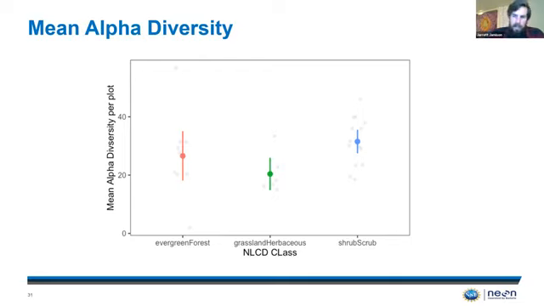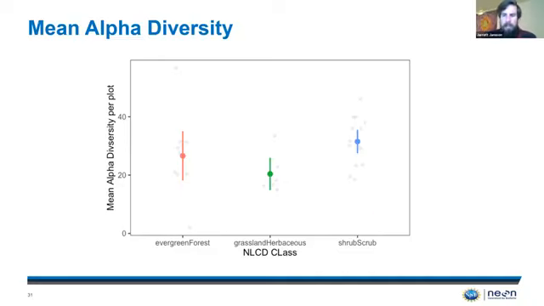In this figure, the colored dots represent the average alpha diversity among plots across three kinds of NLCD classes, and the gray dots show the actual number of unique species found in each plot across three NLCD classes. We can see that the shrub scrub over here has the highest mean alpha diversity.